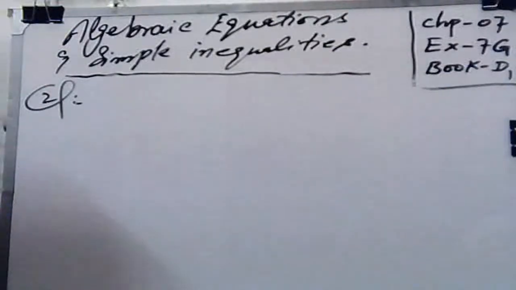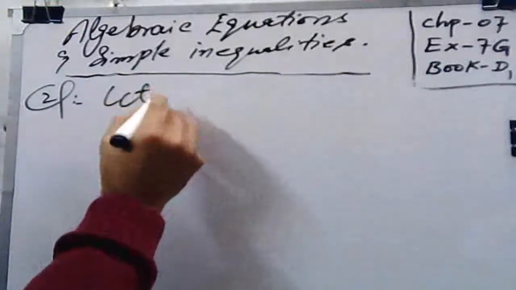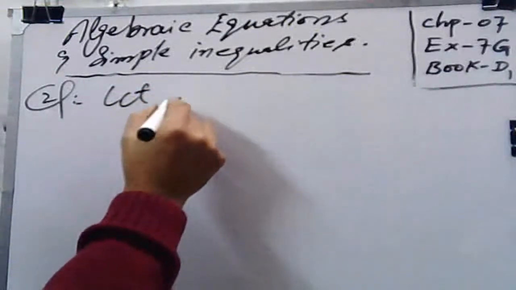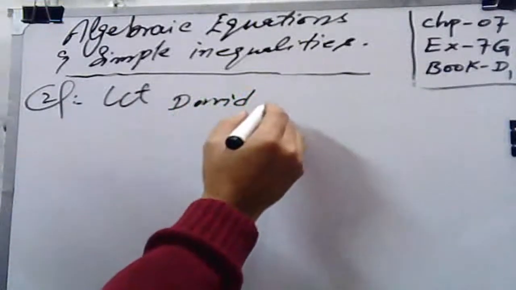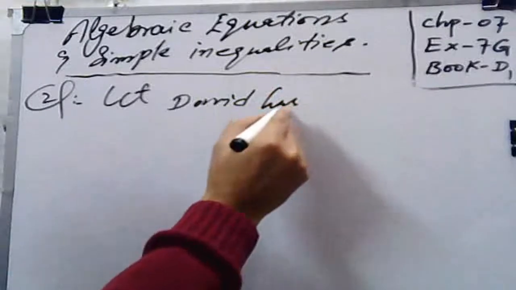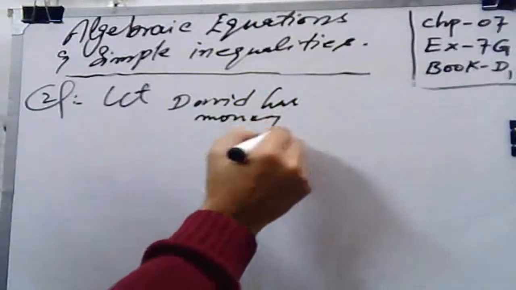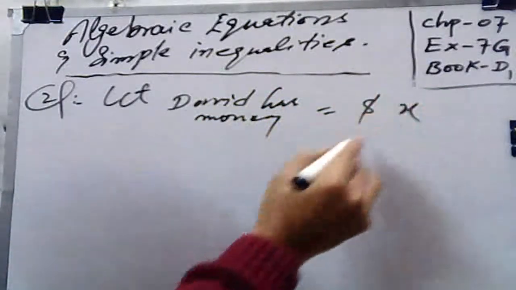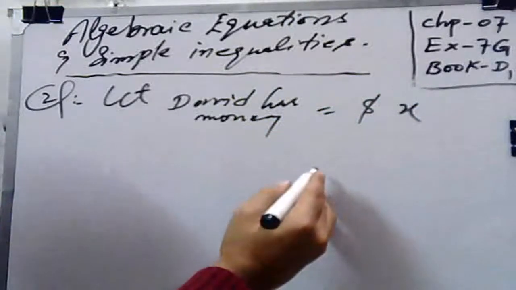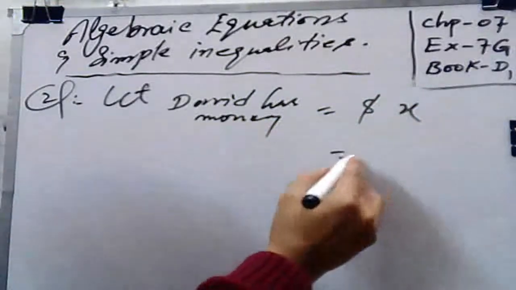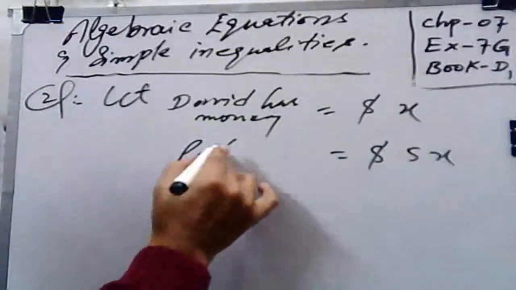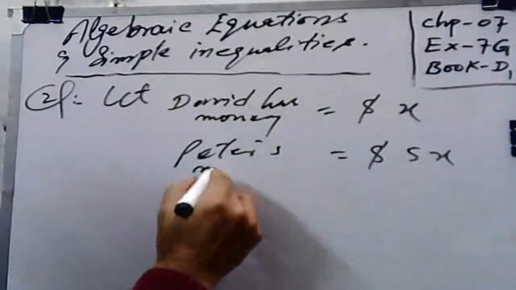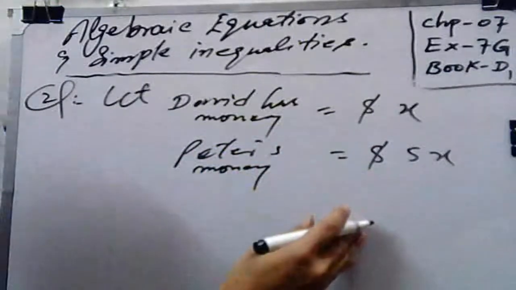Okay, let David suppose has money equal to $x, and Peter has 5 times, that is $5x. Peter's money is 5x.